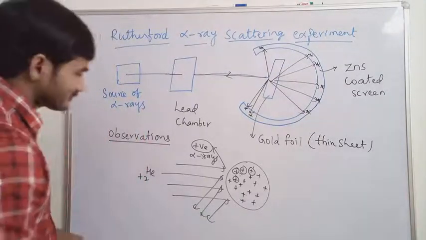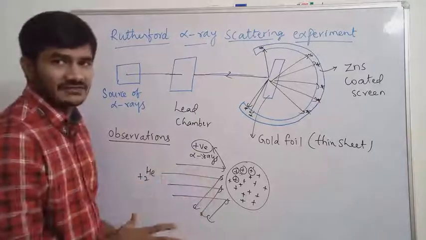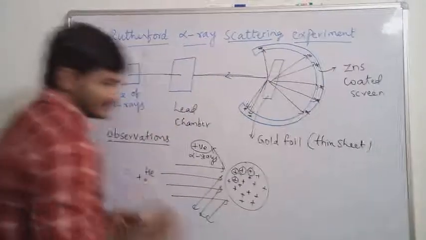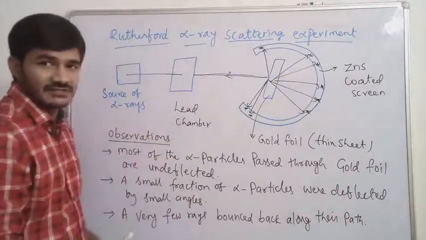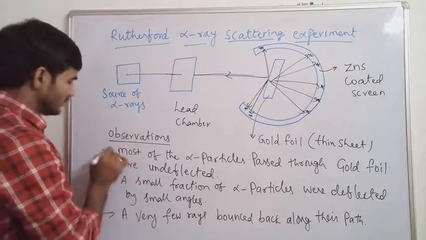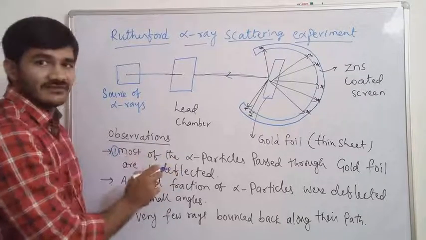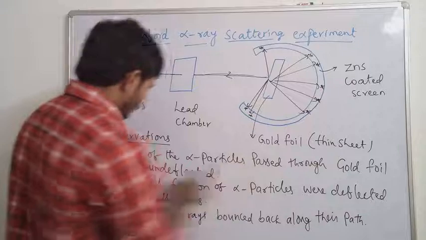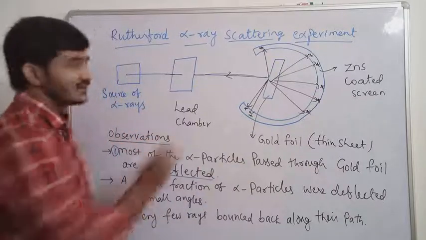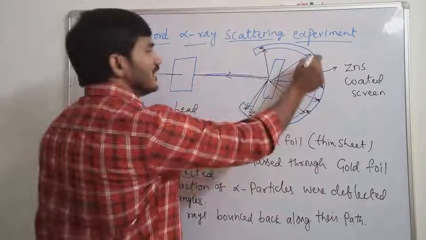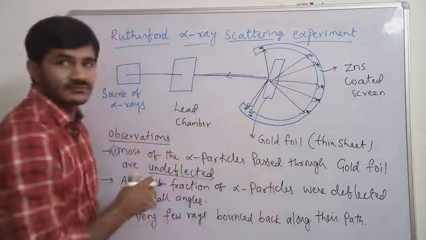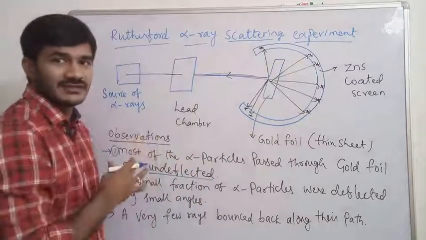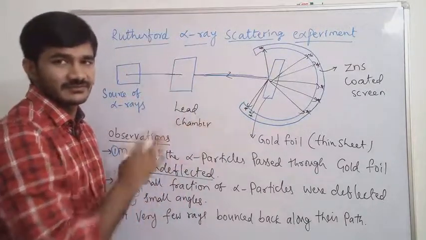Let me write here the three main observations made by Rutherford. As I told you, the first point is: most of the alpha particles passed through the gold foil are undeflected. Like this, they just pass through the foil and give the bright spots. Most of the rays pass through the gold foil. They are not deflecting, they are going straight.